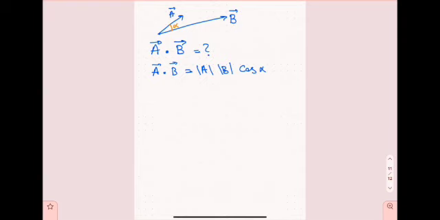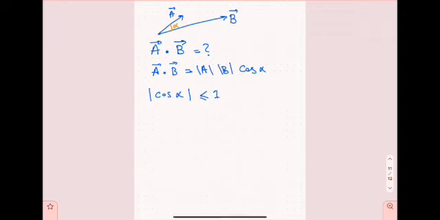And on the other hand, we know from mathematics that the absolute value of cosine of any angle is always equal or less than 1.